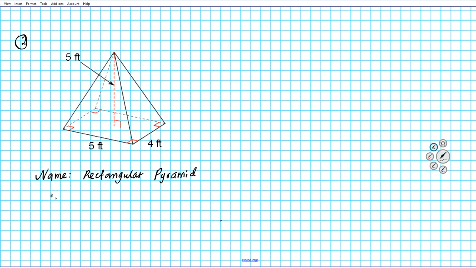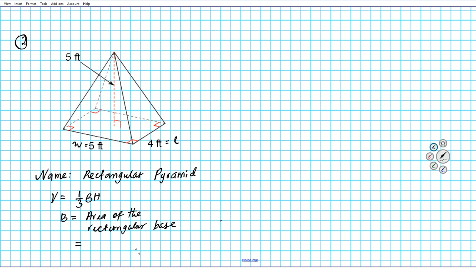Now, what's the formula for the volume of pyramids? The volume of pyramids is 1/3 the area of the polygonal base times height. So big B in this case is going to be the area of the rectangular base. What is the area of a rectangle? The area of a rectangle is length times width. This is the length right here and this is the width.